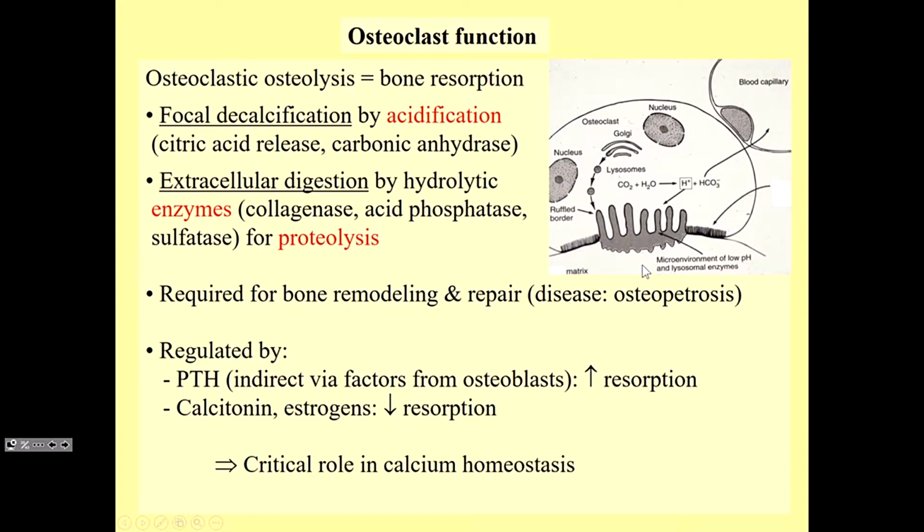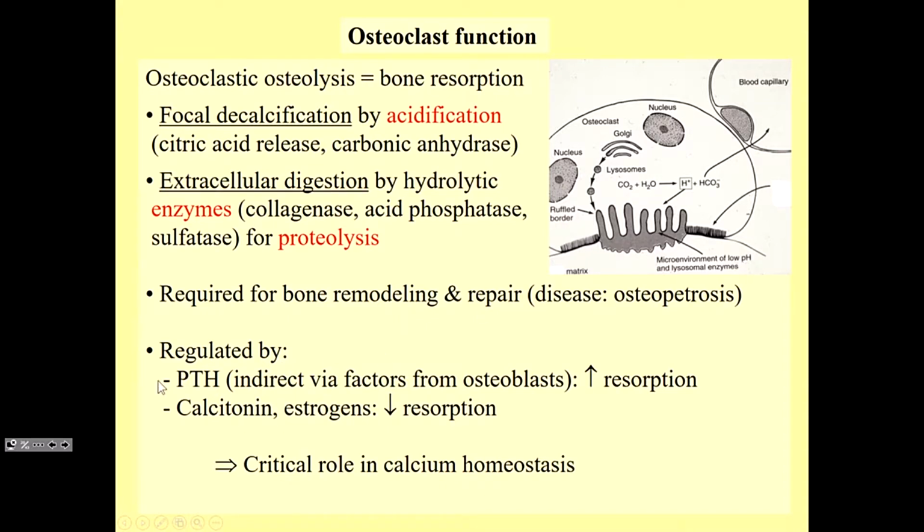You're going to secrete collagenase and some other enzymes that will attack the glycosaminoglycans and proteoglycans to digest the organic components. So now you've got those two mechanisms, the acidification to attack the inorganic calcium phosphate and the enzymes to attack the organic components of type 1 collagen, glycosaminoglycans, proteoglycans. And through this mechanism then you can digest away the matrix for the remodeling of the bone, okay?